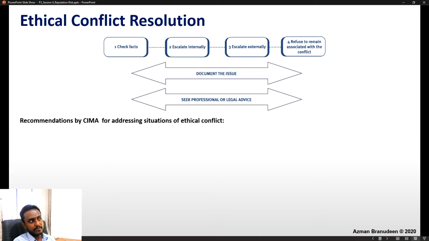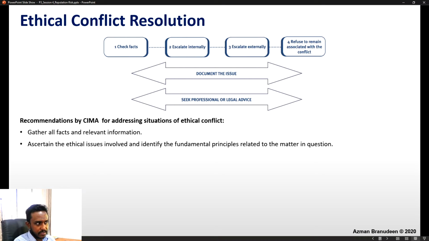Recommendations by CIMA for addressing situations of ethical conflict: gather all the facts and relevant information, ascertain the ethical issues involved, and identify the fundamental principles related to the matter in question. Escalate the concern internally, that is to the direct management. You can go to your supervisor, someone trustworthy, maybe HR.